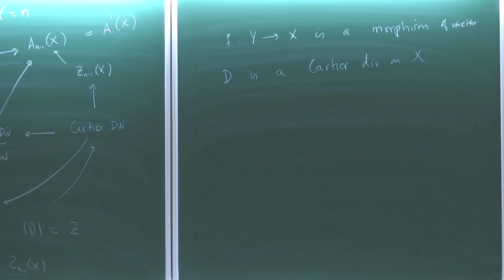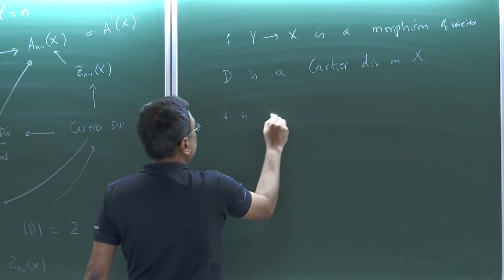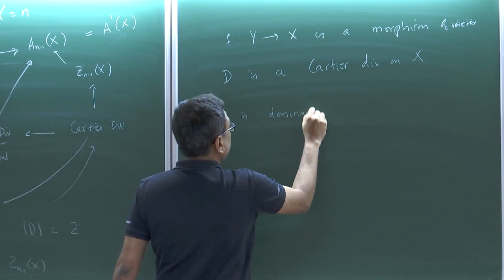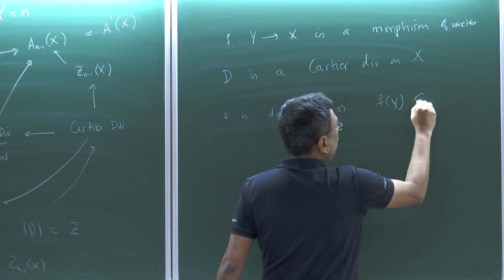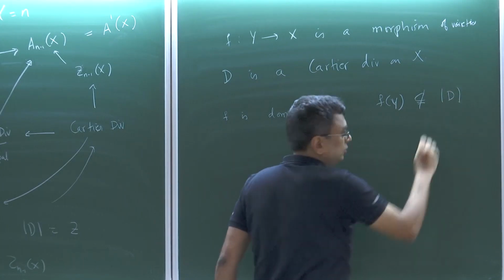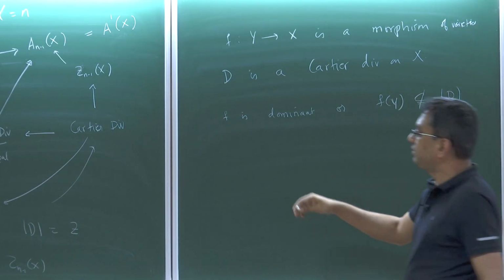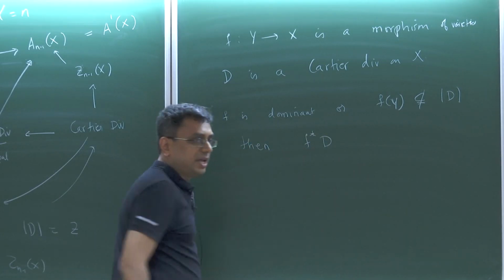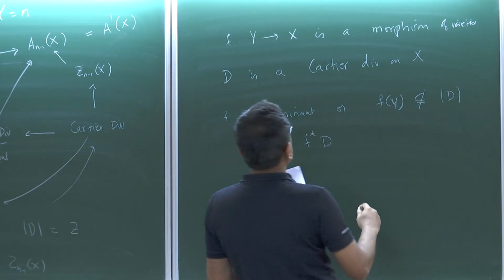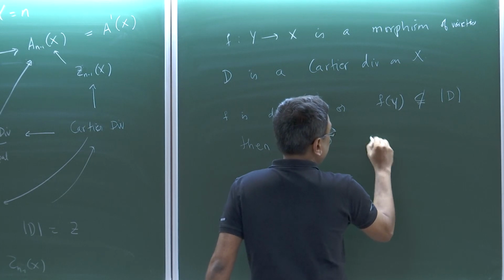Okay, so if f is dominant, or if f(Y) is not contained in the support of D, which means at least some of the rational functions pull back, then f^*D can be defined. So then f^*D is defined as a Cartier divisor.